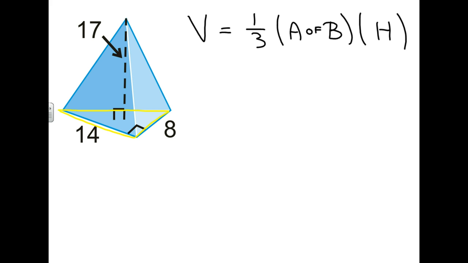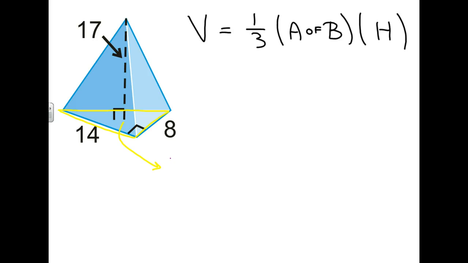So if we want to find the area of that triangular base, you have to remember the area formula for a triangle. In fact, there was a question that I checked on the homework the other day, and there were probably, I don't know, 5 people that had twice as much volume as they should, and that was because they did not use the area formula for a triangle.